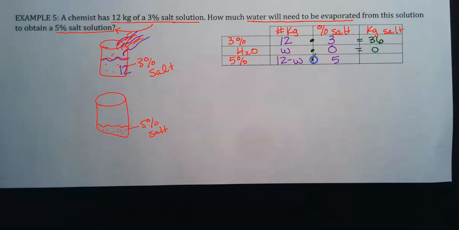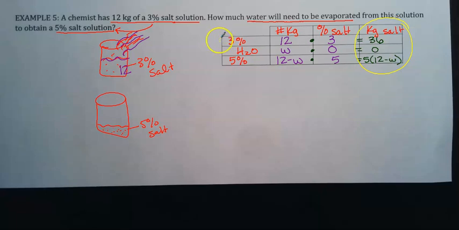And then the quantity 12 minus W times 5 is going to equal 5 times the quantity 12 minus W. I always like to put my number in front of the quantity, so I can say 5 times the quantity, always. Then how do I take this information and make it into an equation? What is happening?